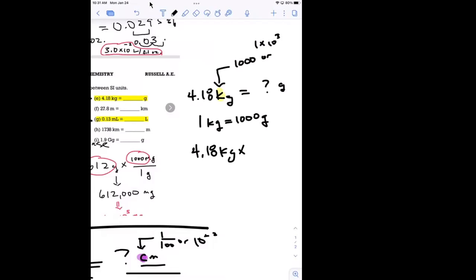Grams goes on the top, but I was trying to figure out which ones are the hundreds because I'm getting them mixed up. 100 is centi, 100th, and we don't have a prefix for 100, right? Oh, we go actually from grams to kilograms.